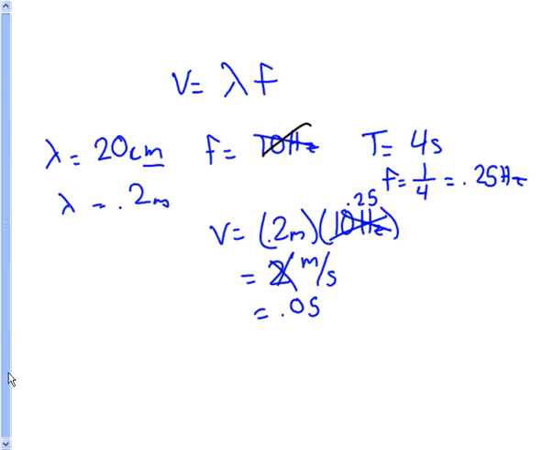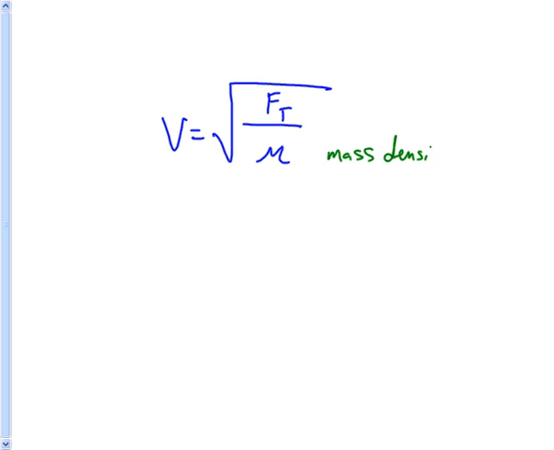Then we've also seen some things where the speed of the wave can be affected by other things. Like in a slinky, we noticed that the tension of the wave can affect it. If there's more tension, then the speed of the wave actually increases. And then we have this weird thing here, which is known as the mass density or linear density.